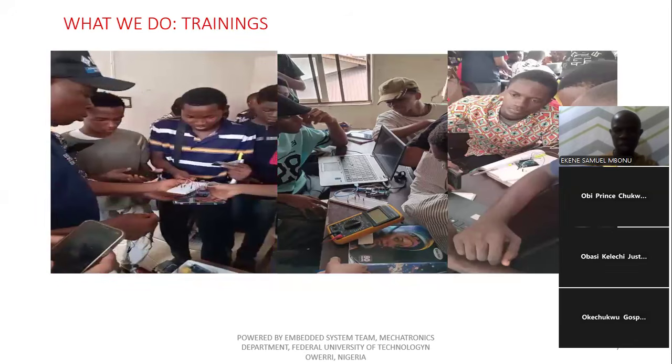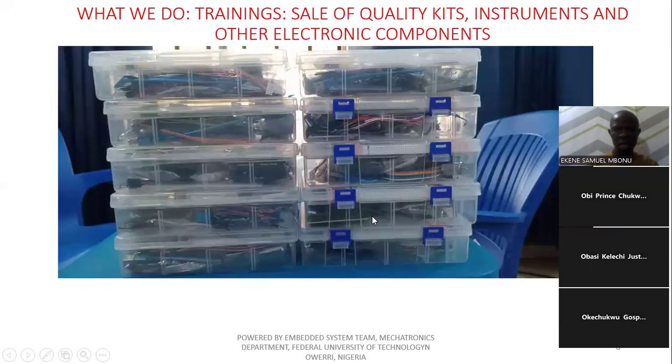Okay, that's one of the sessions we had with Mechatronics Engineering students, their 100 level. That was one of the sessions we had with them when we trained them on the automatic street rail system. These pictures are part of the snapshots we took during that training. So we engage in training, and then we also supply quality cases, instruments, and other electronic components.